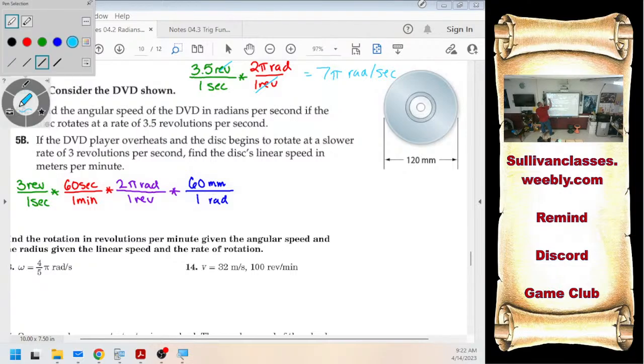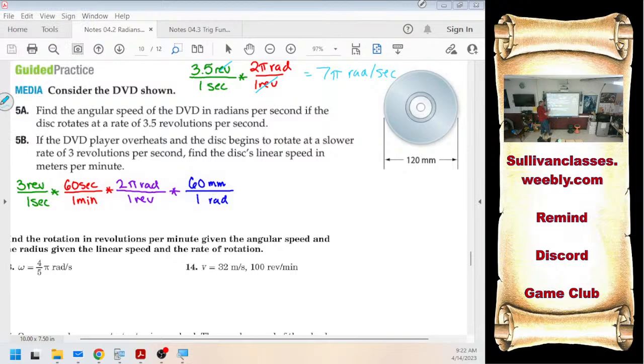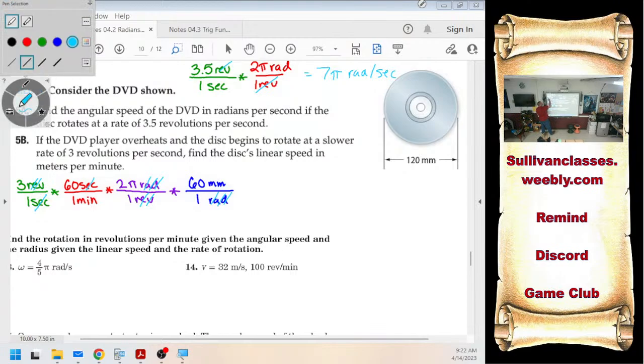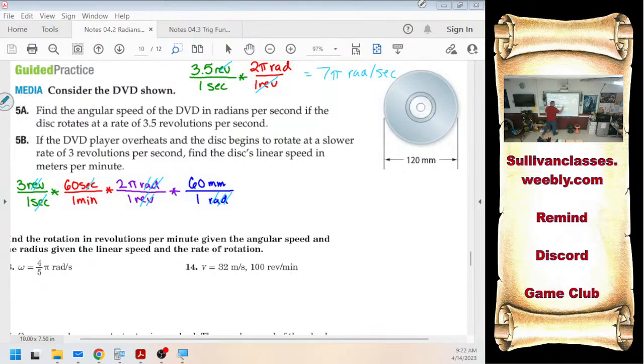Okay, so let's see where we're at so far. We had seconds with seconds, revolution with revolution, and now we've got radians with radians. I'm now in millimeters per minute. So, last one, there are 1,000 millimeters to 1 meter.